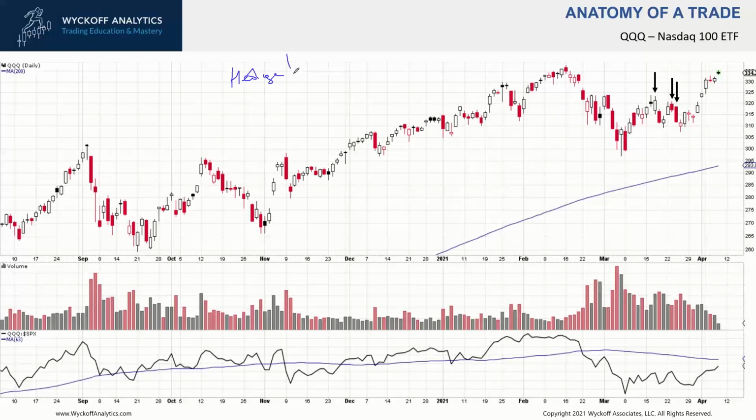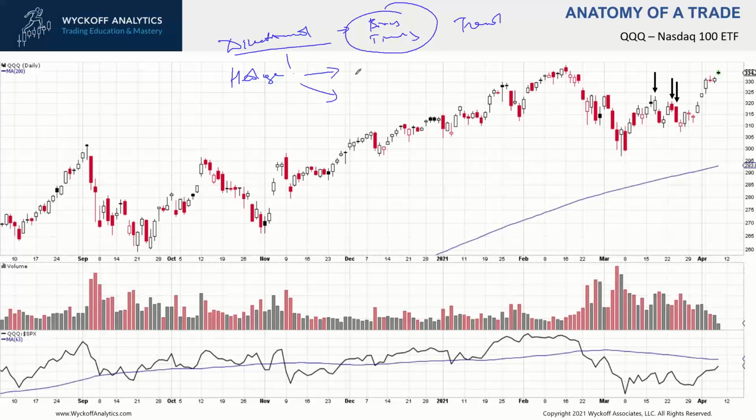So a couple of things. We're talking about the hedge trade, guys. This is completely different than your regular directional trade. With the directional trade, what do we want? We want to be in the correct bias, obviously. We want the correct timing, and we just ride the trend. Here, with the hedge, you could have two types of trades. You could have the trade within the trading range, right?